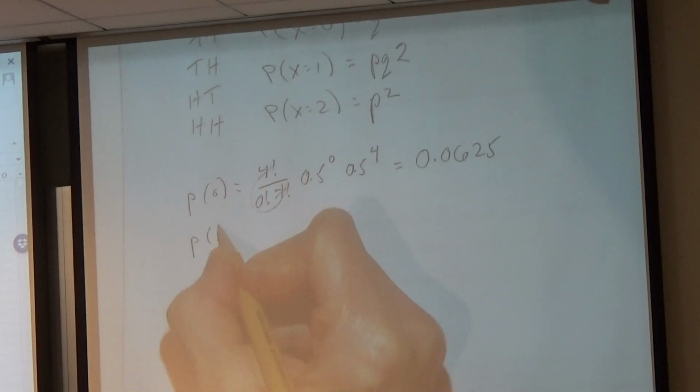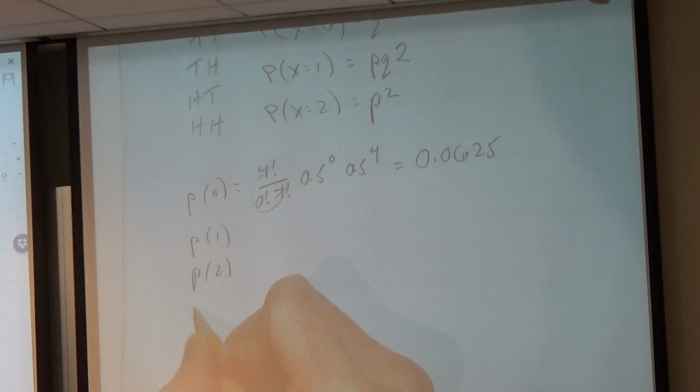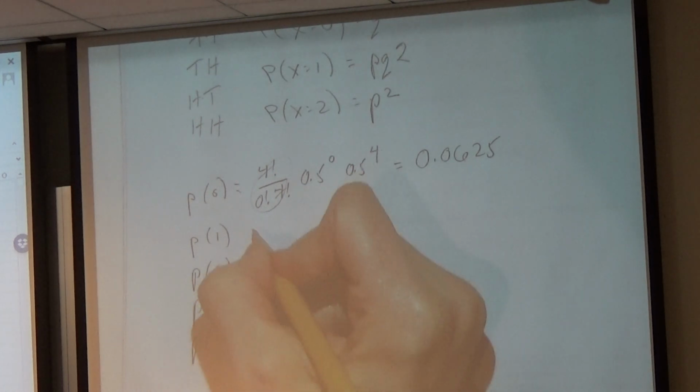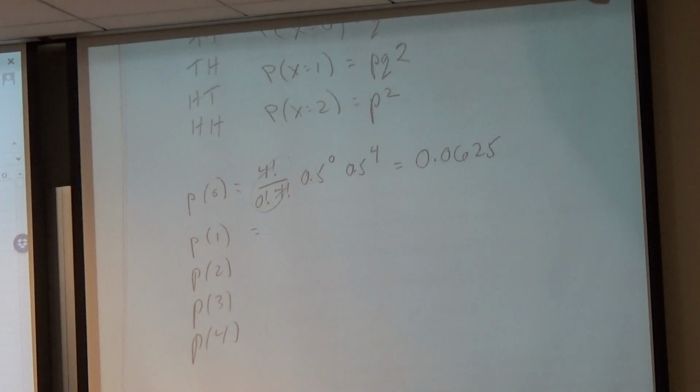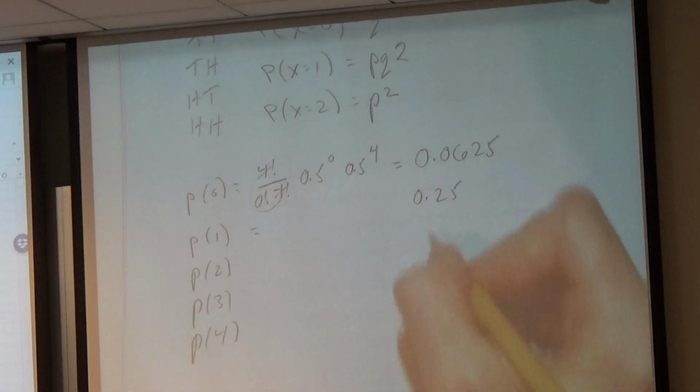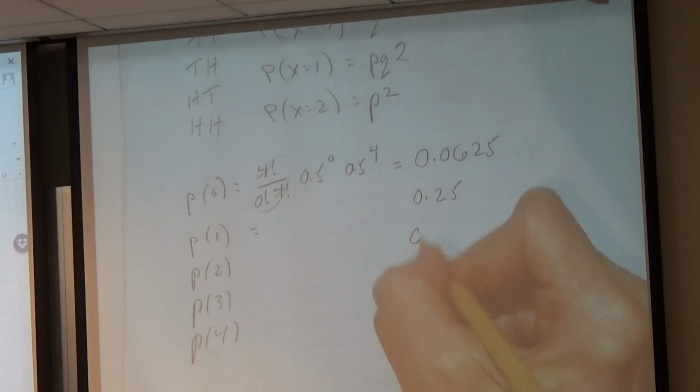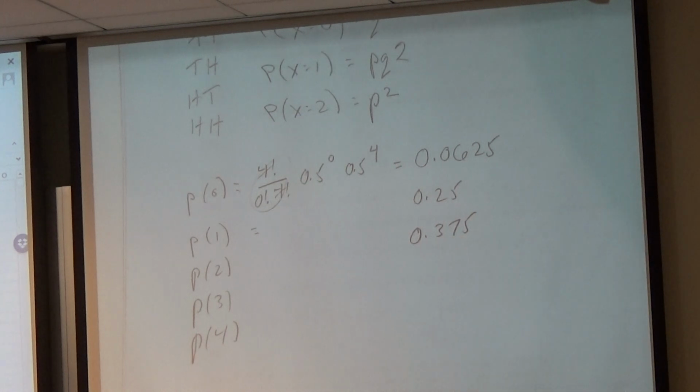And I can make the calculation for P of 1, P of 2, P of 3, and P of 4, which, if you want me to do it explicitly, I will. Otherwise, I'm just going to give you the numbers and you can double check it. So P of 1 is 0.25, P of 2 is 0.375, P of 3 is 0.25, and P of 4 is 0.0625.